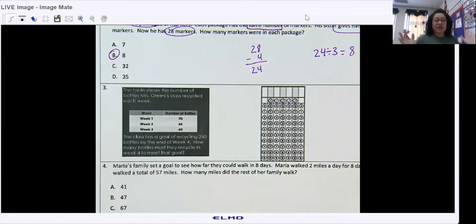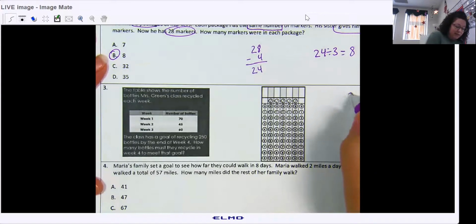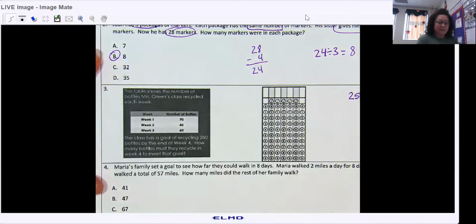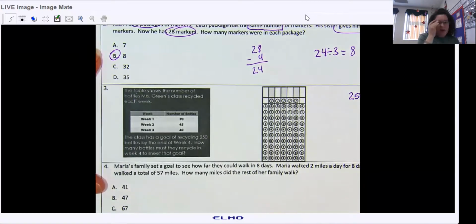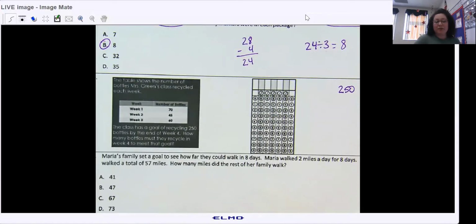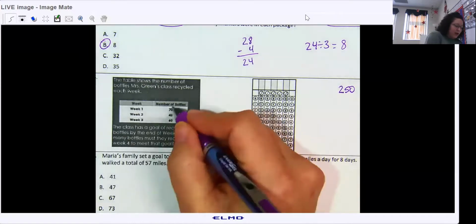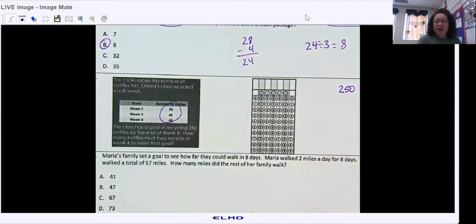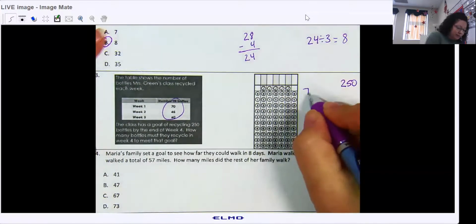So they want to get to the total of 250, right? And we need to know what happens in week 4. How are we going to figure out week 4? Correct. We're going to add up week 1, 2, and 3, and then subtract that from 250, and that tells us week 4.